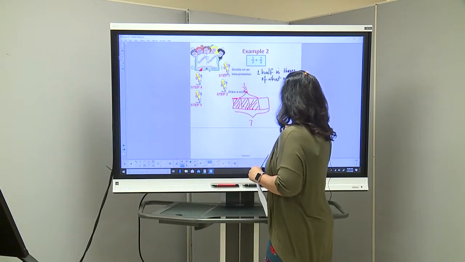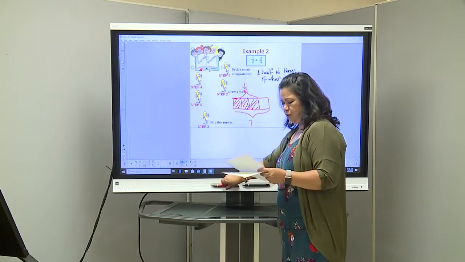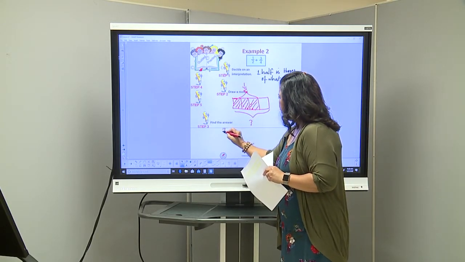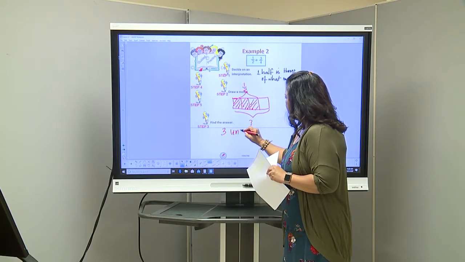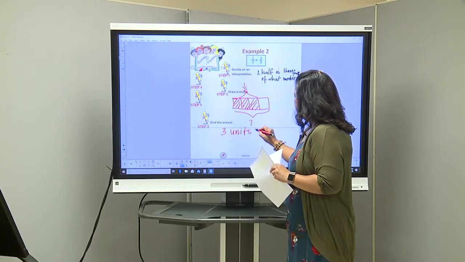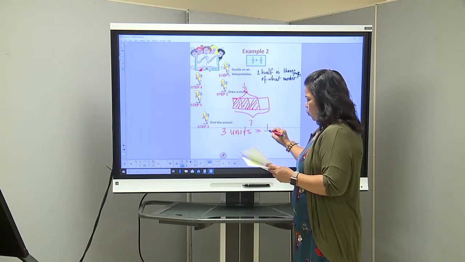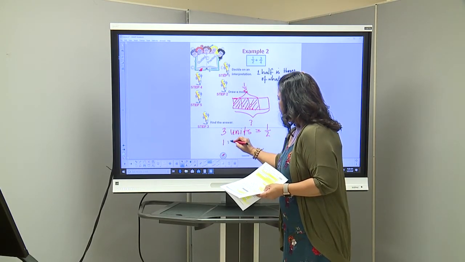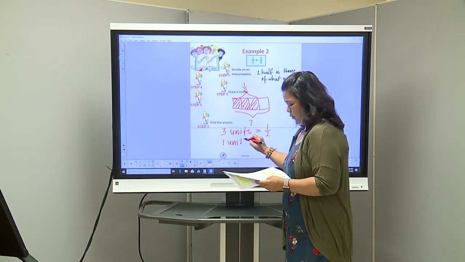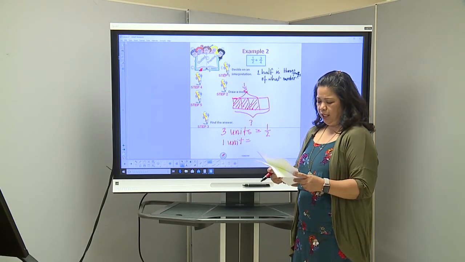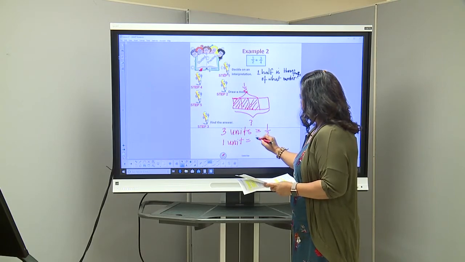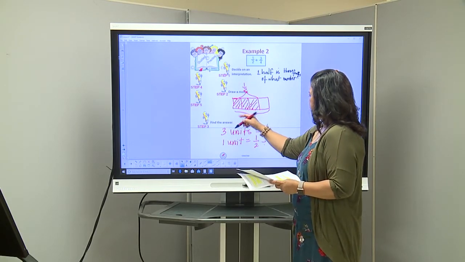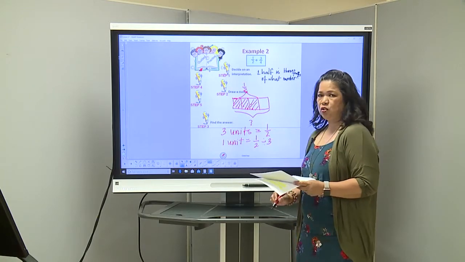Step 3 is finding the answer. Okay, so here we go. We can see in the model that 3 units represents 1/2. So we want to know what is 1 unit. 1 unit is 1/2 divided by 3 because there are 3 parts shaded there.